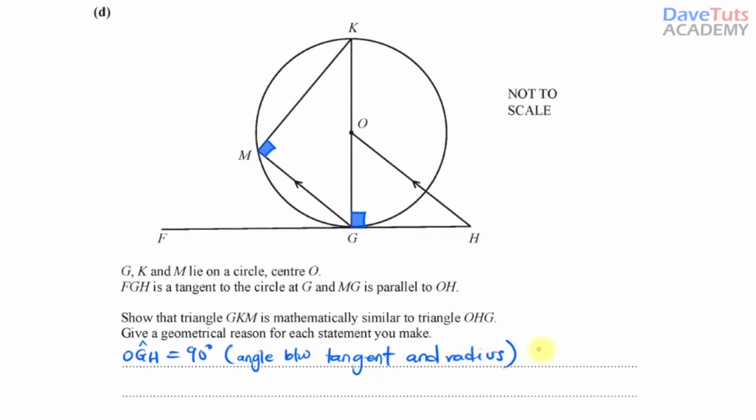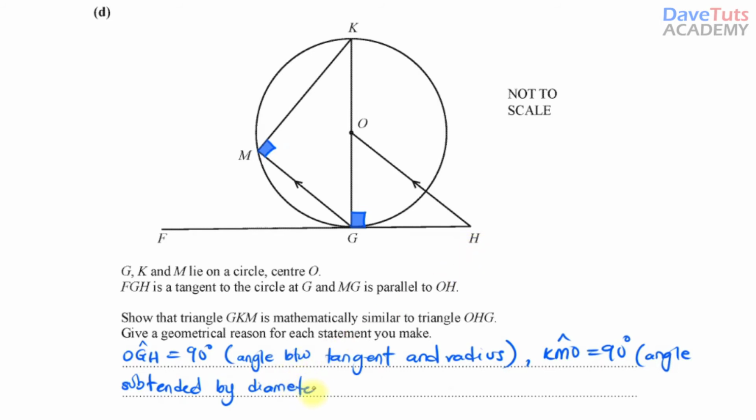I can also say that angle KMO is equal to 90 degrees. And why is that? It is because it is the angle subtended by the diameter at the circumference.